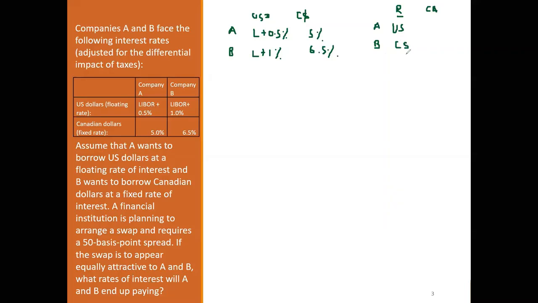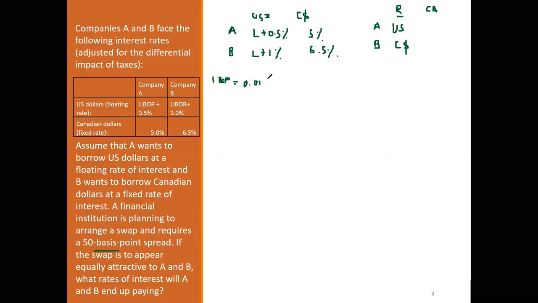That is the requirement. A financial institution is planning to arrange a swap and requires 50 basis points spread. So again, the return to the financial intermediary should be how much? I told you 1 basis point is equal to 0.01%.